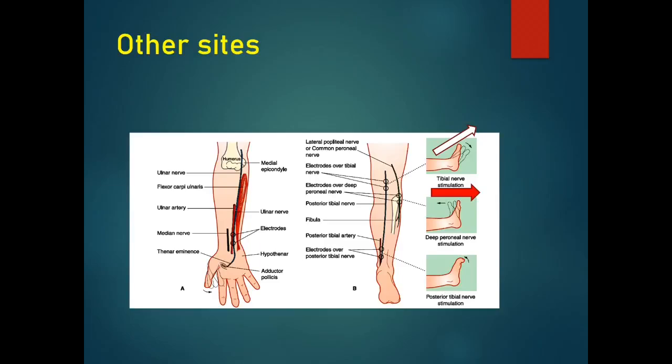With tibial nerve stimulation, you look for the plantar flexion of the foot, and with the deep peroneal nerve, there is a dorsiflexion of the great toe.